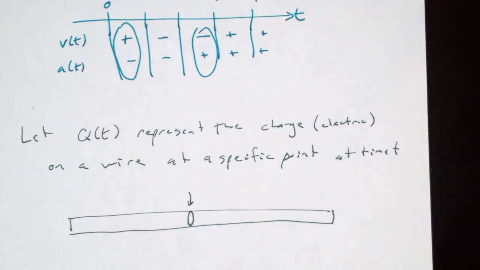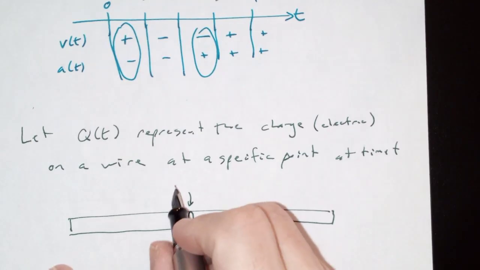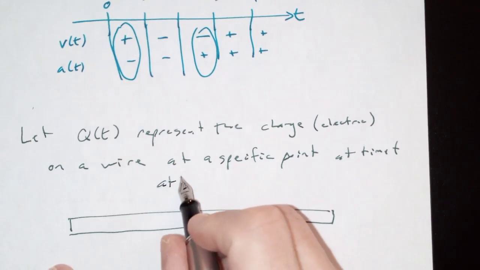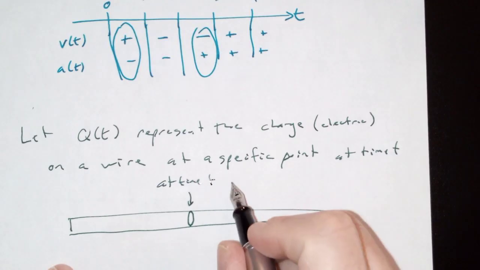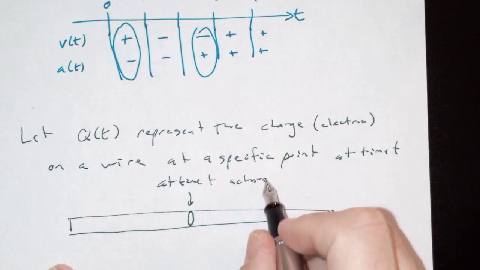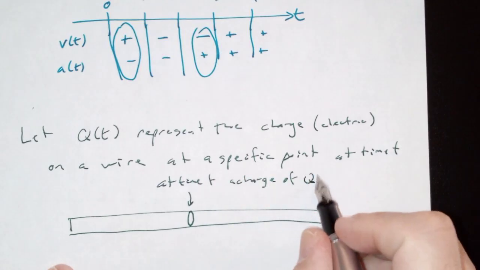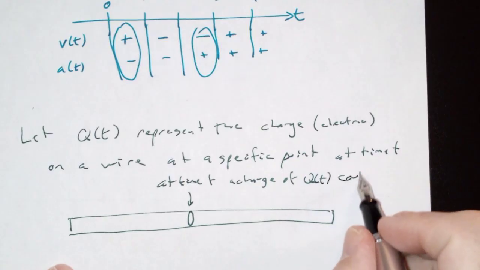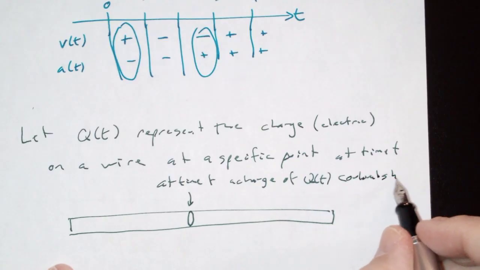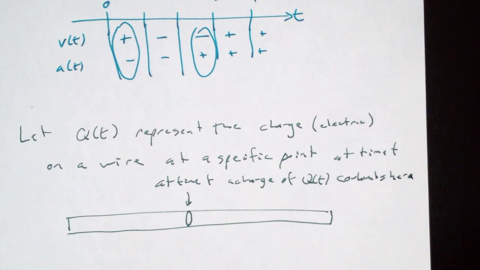You measure electrical behavior in coulombs. So I have this little spot where I have the number of electrons in that spot.